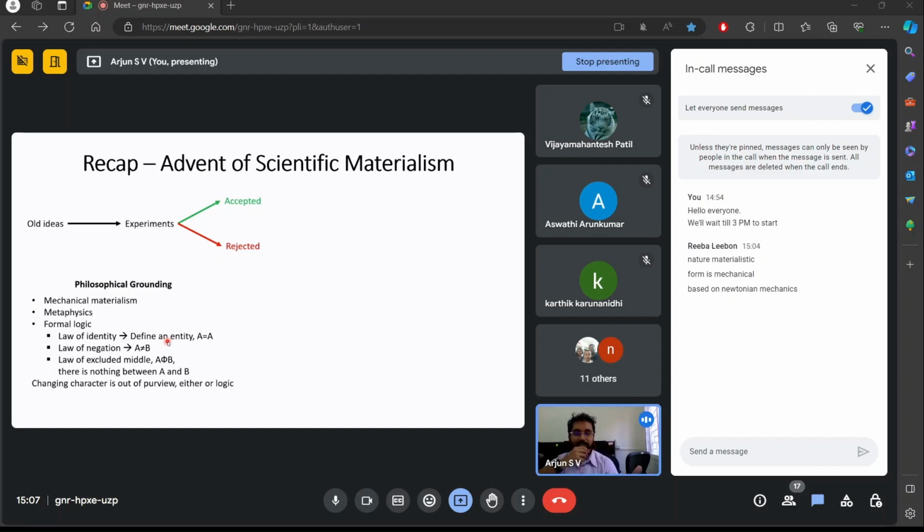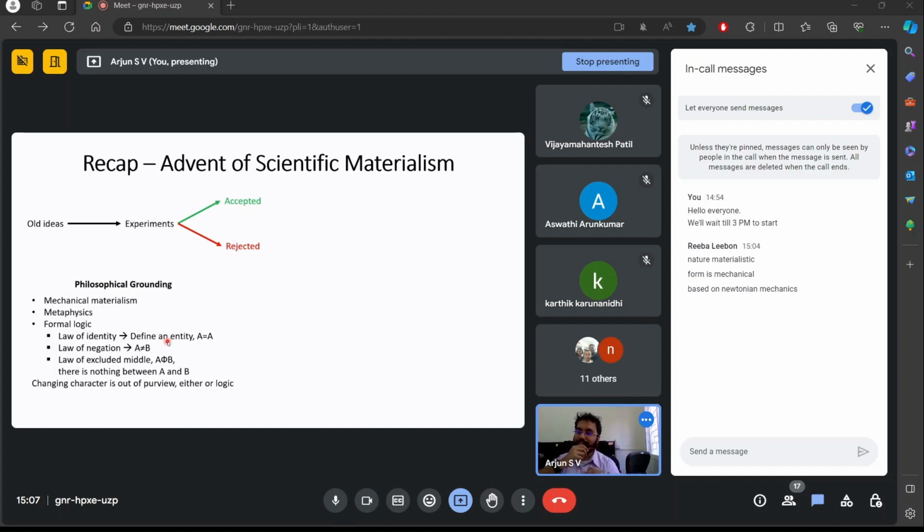A tree is a tree, a car is a car, a cup is a cup, so on and so forth. The law of negation says that one thing cannot be another thing. A tree cannot be a shrub. A tree cannot be a seed or a sapling. A tree can be only a tree. It's called a tree because it encompasses the properties of that specific tree.